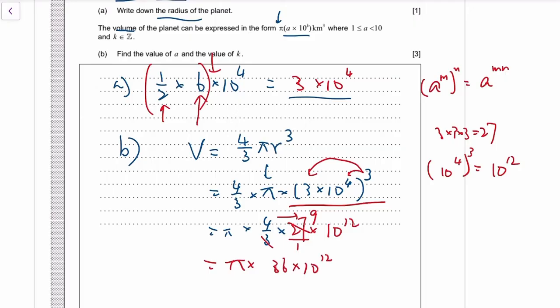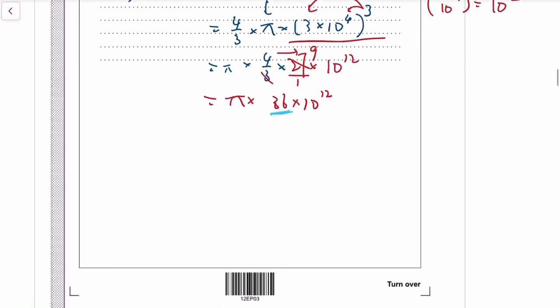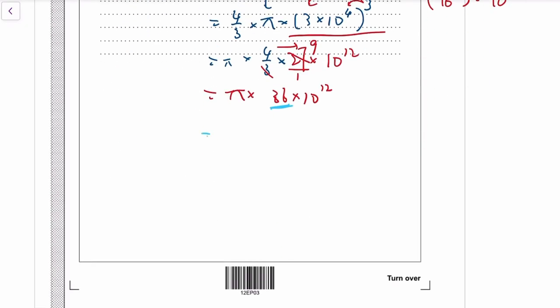Okay. But again, this is what you should know for standard form. For standard form, the number here should be between 1 and 10, which the question kind of told you. Right. So what you have to do is change the 36 into 3.6.